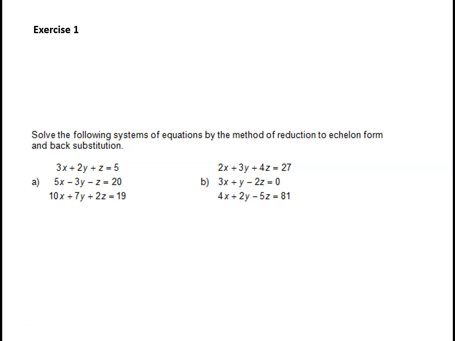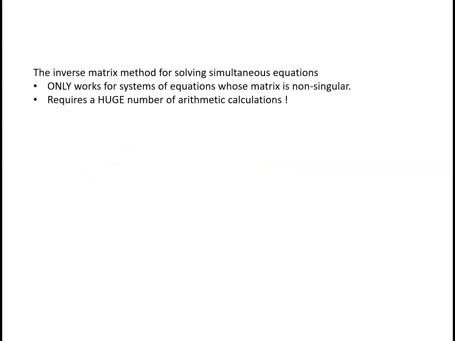So, moving on, recall from the previous video that the inverse matrix method for solving simultaneous equations only works for systems of equations whose matrix is non-singular. In other words, the determinant of the matrix is not equal to naught. And that it required a huge amount of work to actually determine the inverse matrix.